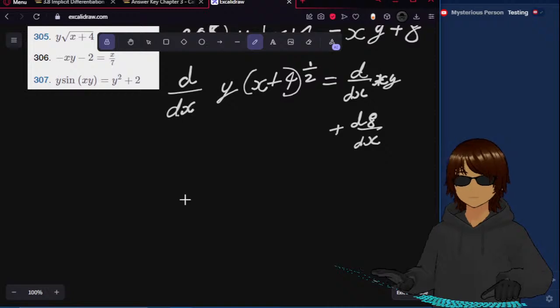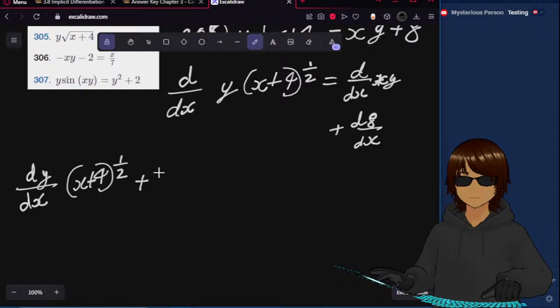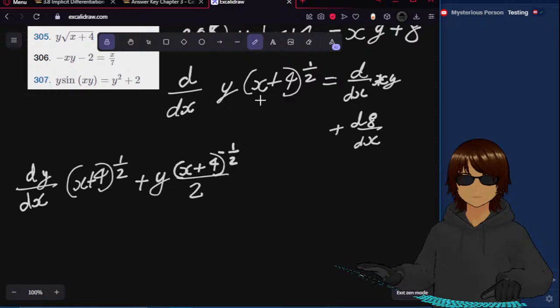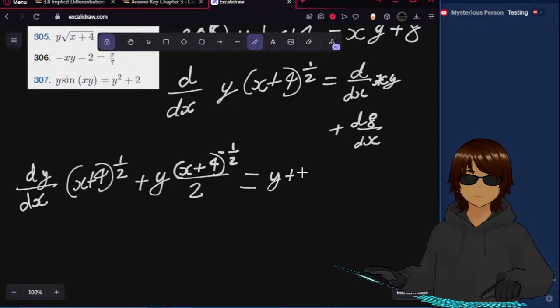And then derivative of the first plus the first times the derivative of the second. Outside times the derivative of the inside, which is just 1. And then over here, derivative of the first times the second, plus the first times the derivative of the second, and plus 0.